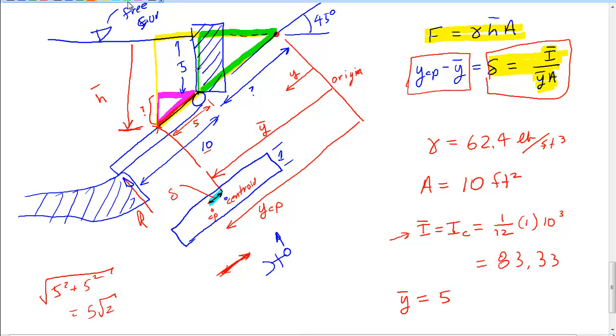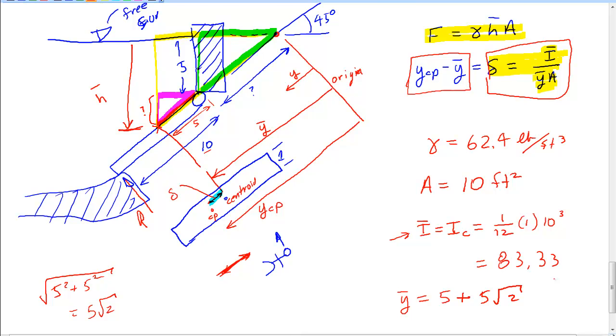And what we're looking for is this value. So I'm looking for 5 plus this value. 5 plus what? Whatever that value was. Hang on, give me a second. Plus, now that value is that 5 square root of 2.